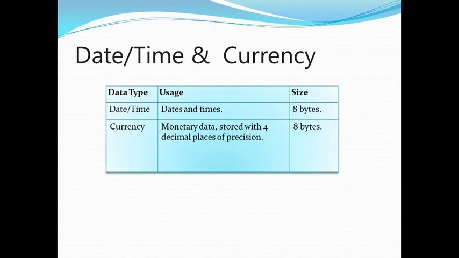So if you want to store a date type of value, we use the data type of that field as date and time. By default it takes 8 bytes. Fine. Suppose I'm creating a student database and I want to store the fee deposit date.